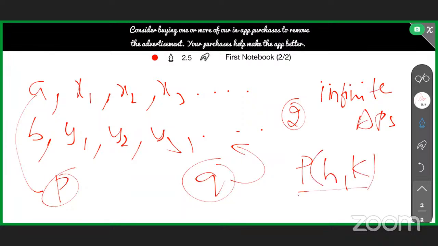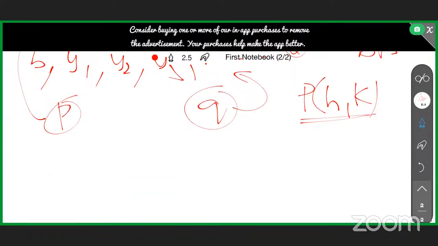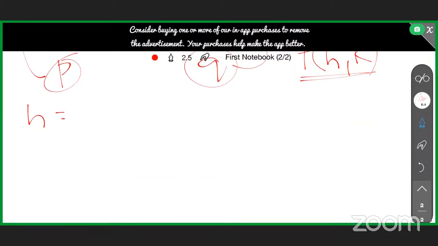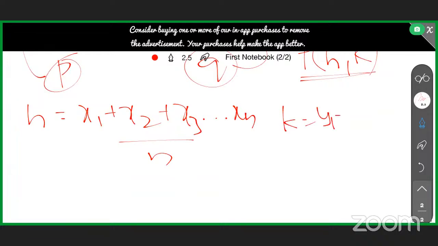We have to find the equation of the locus of point P, H comma K, where H is equal to x1 plus x2 plus x3 up to xn by n, and K is equal to y1 plus y2 up to yn by n. So the question is very simple.